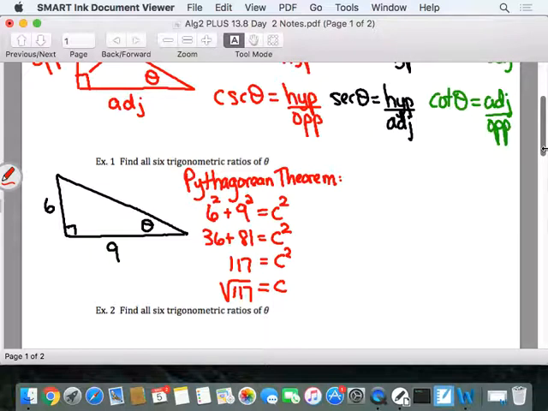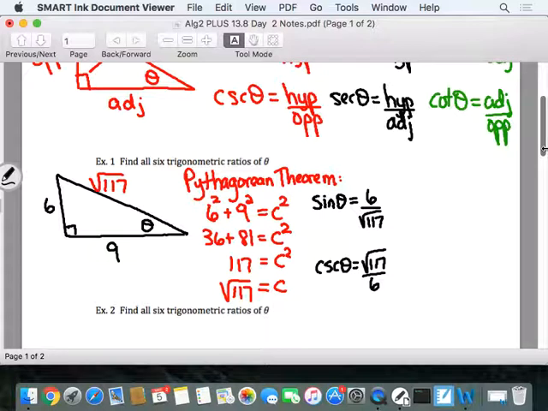Go ahead and label your triangle then with that hypotenuse, square root 117. Then we're just going to go through and do our pairs.